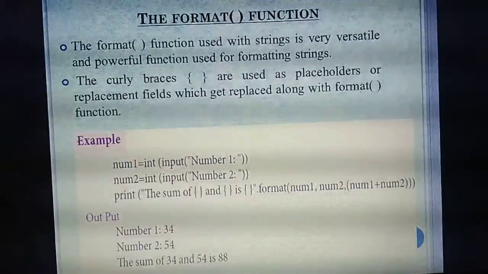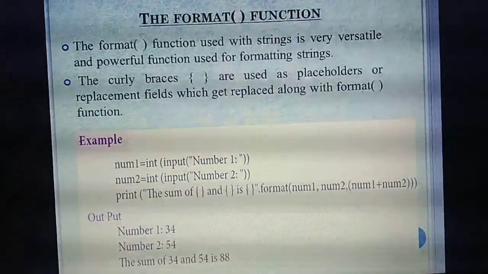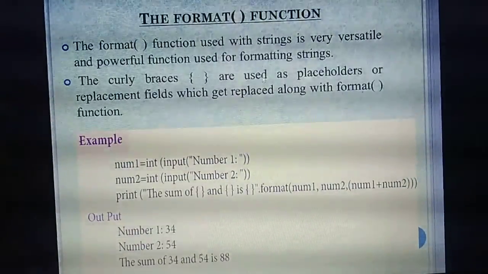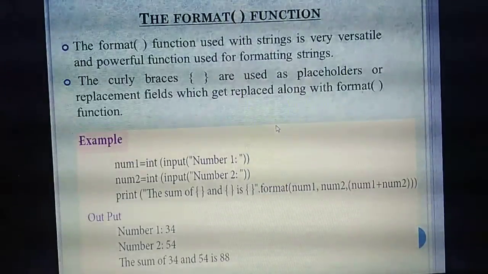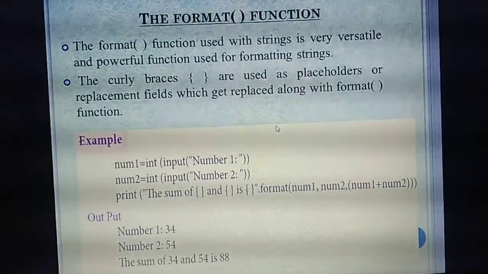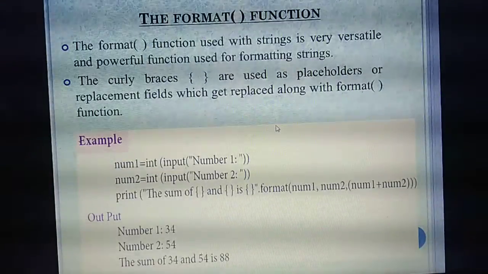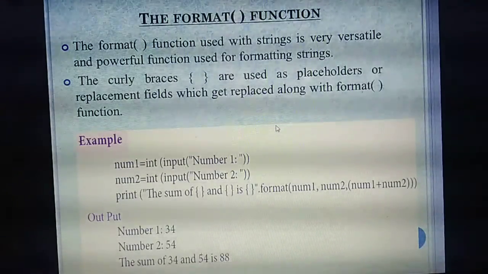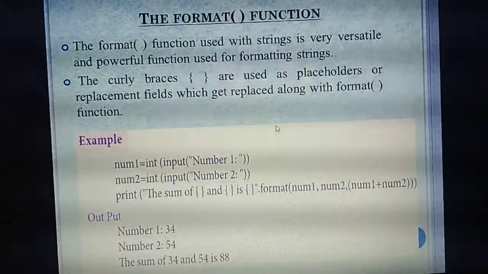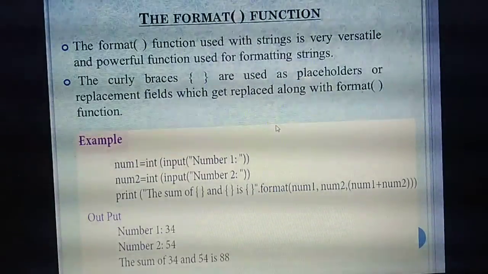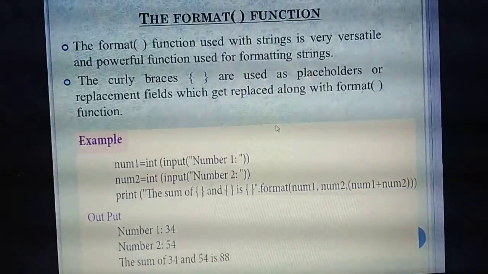Okay. So next thing is the format function. This function is mainly used to format strings. What's the main use of this format function? To format the strings. What do you mean by format? Next I'll explain. This is a very important function in our Python programming.